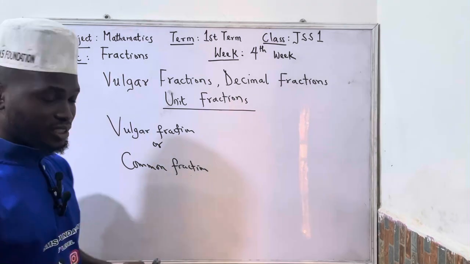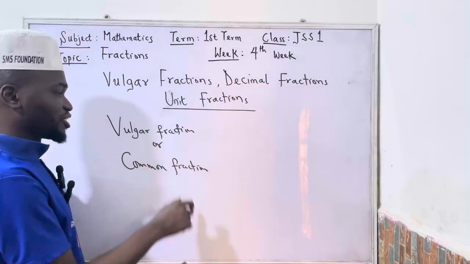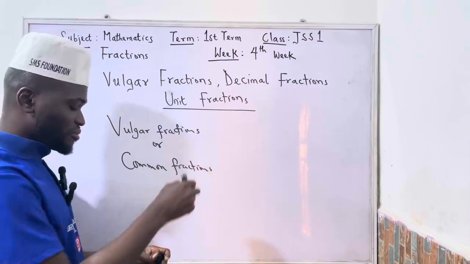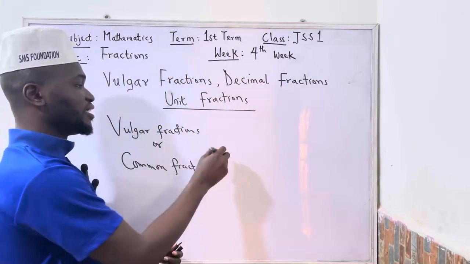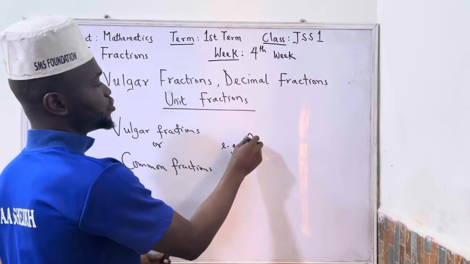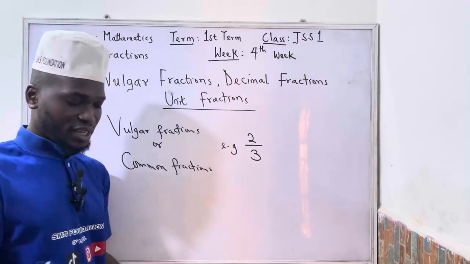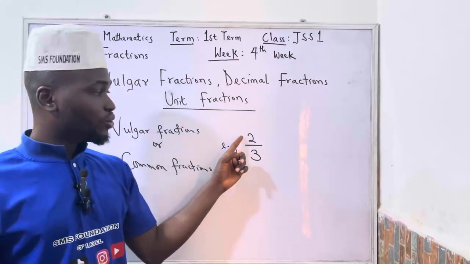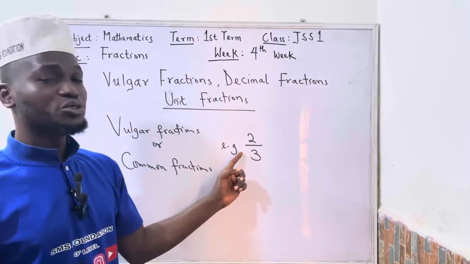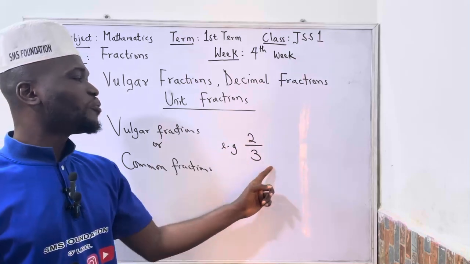As the name implies, that's just the normal fraction that you know. If I ask you for an example, you will say, for example, 2 over 3. Where the numerator is an integer or whole number, and the denominator is also a whole number, this is just a common fraction.